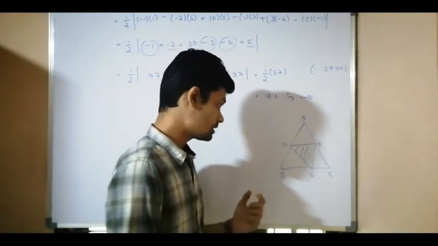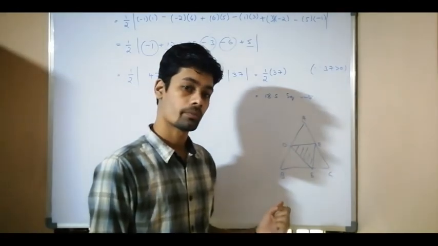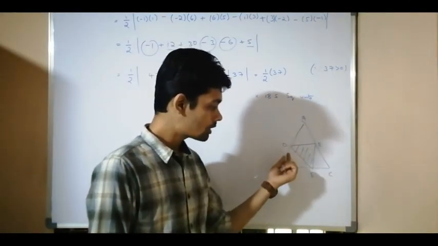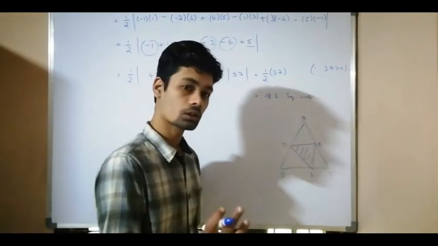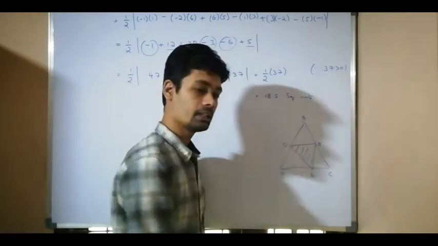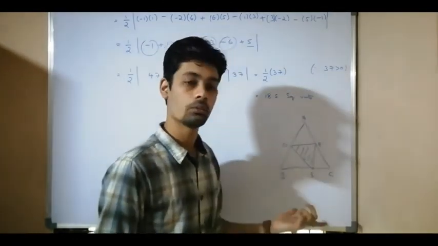Just now we have discussed the area of a triangle DEF is nothing but 1 by 4th times of ABC.